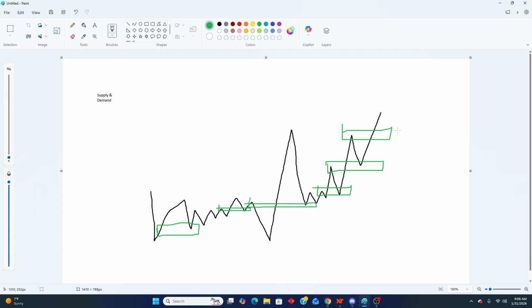These are all places where price came and shot up aggressively. This is what you'll be looking for when it comes to trading supply and demand.